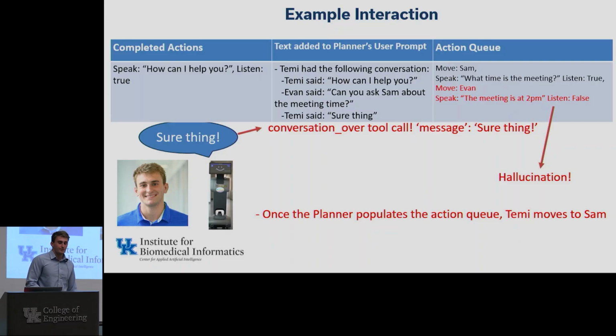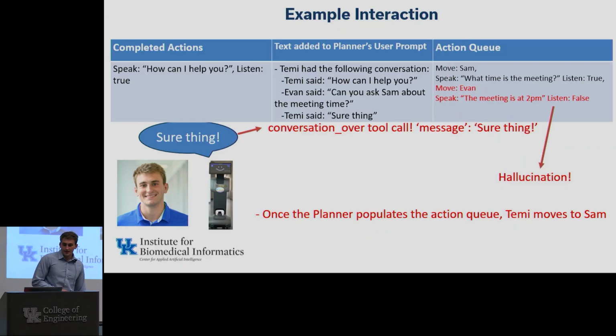And from there, the planner is going to read that in the context of the entire user prompt and decide on the next sequence of actions. For this interaction, we'll say the planner decided to make the plan: move to Sam, speak what time the meeting is with listen set to true, and then move to Evan and speak the meeting is at 2 p.m. with listen set to false.